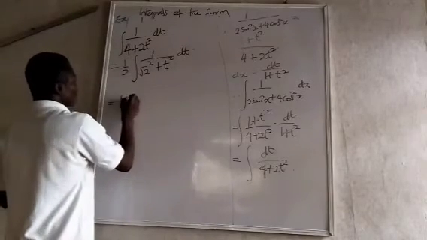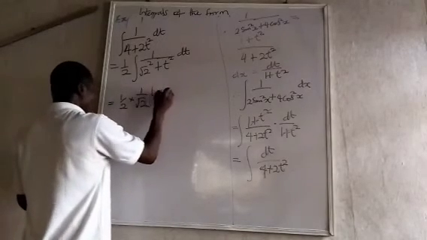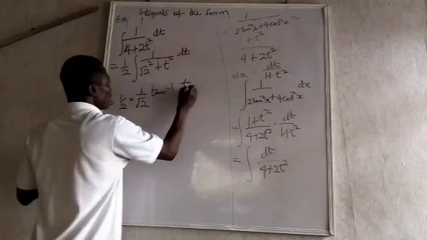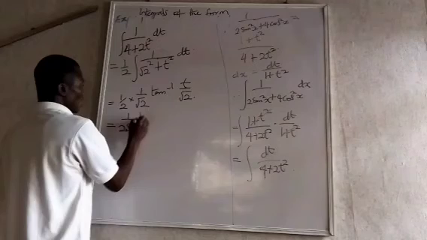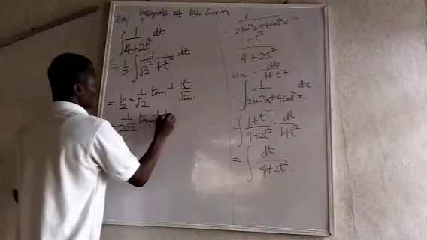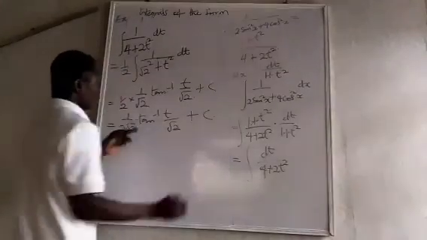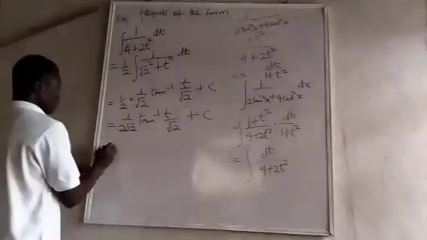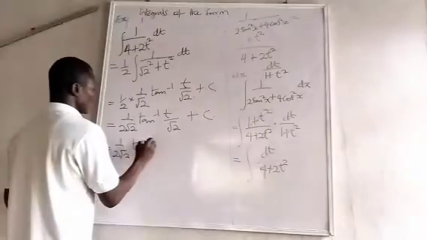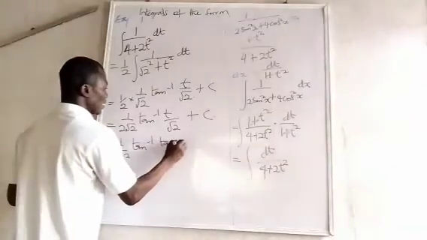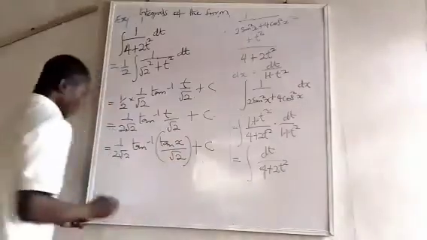Half times 1 over root 2 arctan t over root 2, and that's going to be 1 over 2 root 2 arctan t over root 2 plus c. And we know that t is tan x, so it's going to be 1 over 2 root 2 arctan tan x over root 2 plus c. So that's our answer.